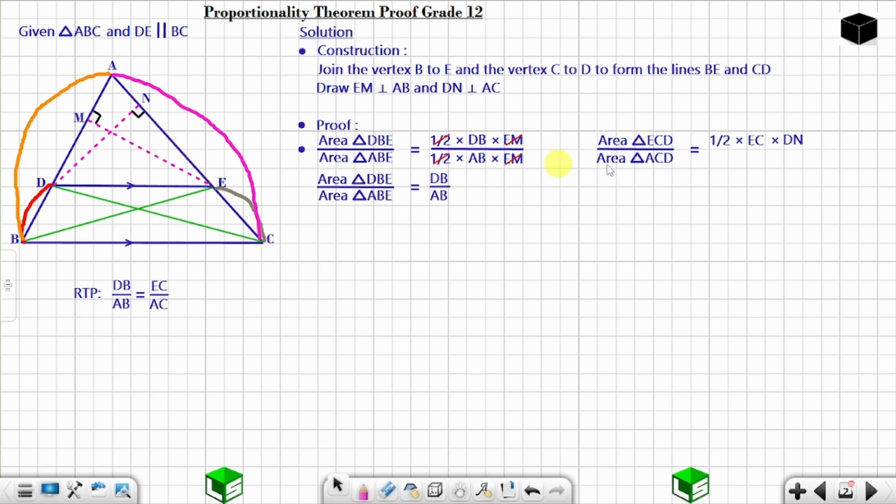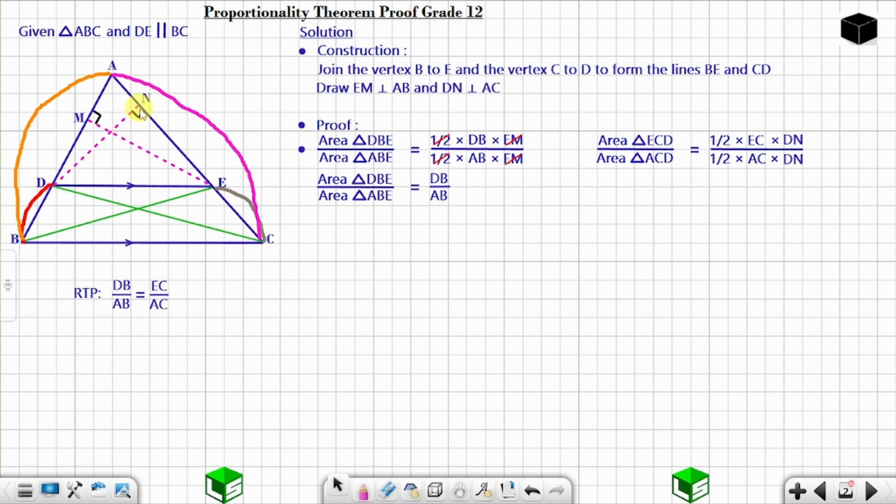Now over the area of triangle ACD, you have a half times the base, which is AC, times the height, which is DN, because DN is perpendicular to AC.